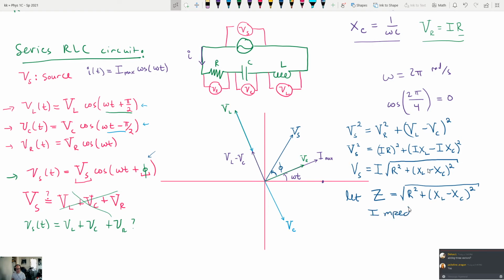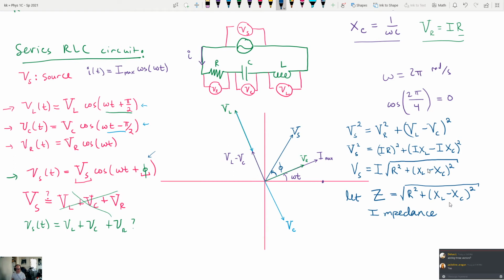This is a kind of generalized resistance for a circuit that contains resistors, capacitors, and inductors, and it really only applies to AC circuits. I think that's true. I'm not an electrical engineer or electrician, so I may be wrong, but I think impedance is generally used for AC circuits and not DC circuits.